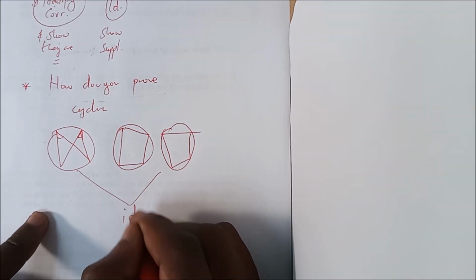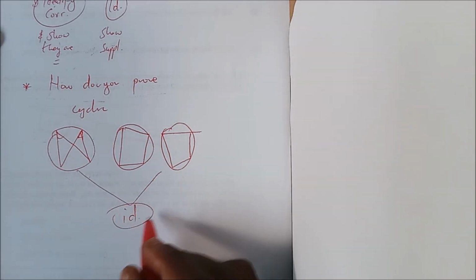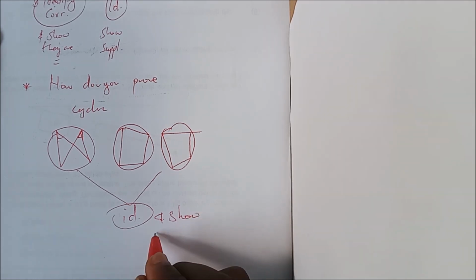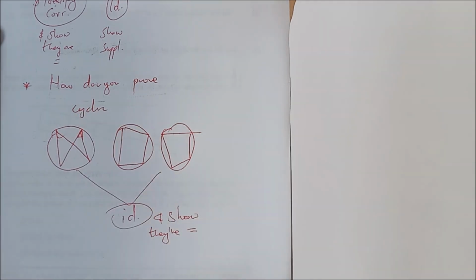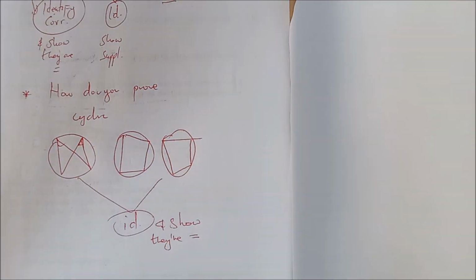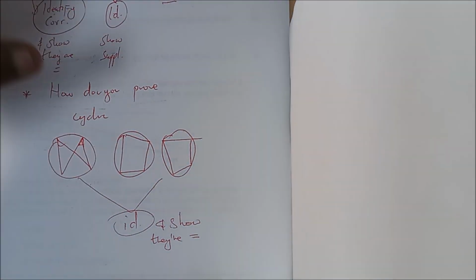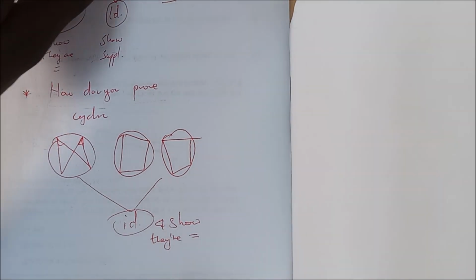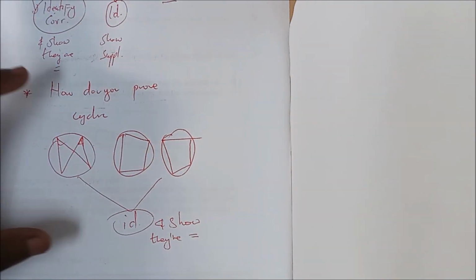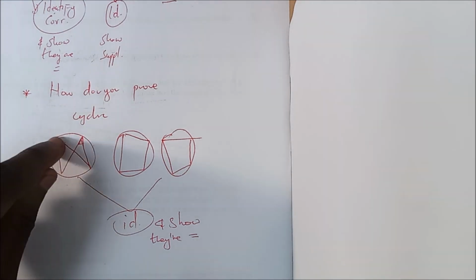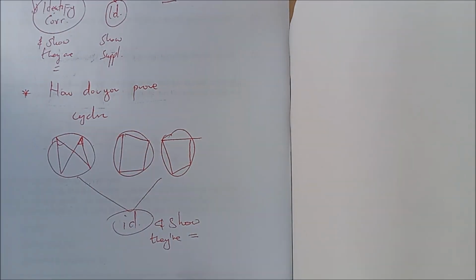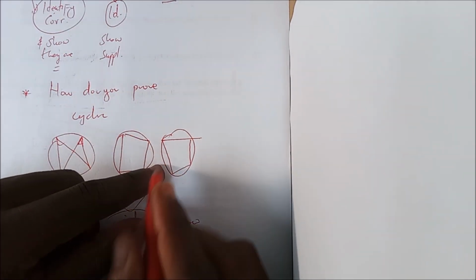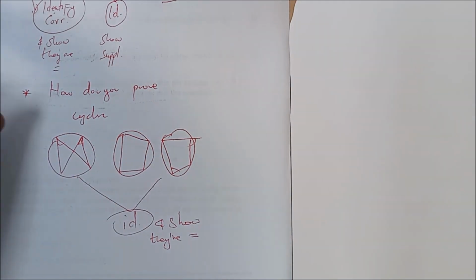So identifying is very, very important in Euclidean geometry. Identify and show they are equal. Don't worry, I'll show you the application. But first, identifying angles in the same segment, identifying opposite angles that you are going to prove add up to 180, or identifying exterior equal to interior.